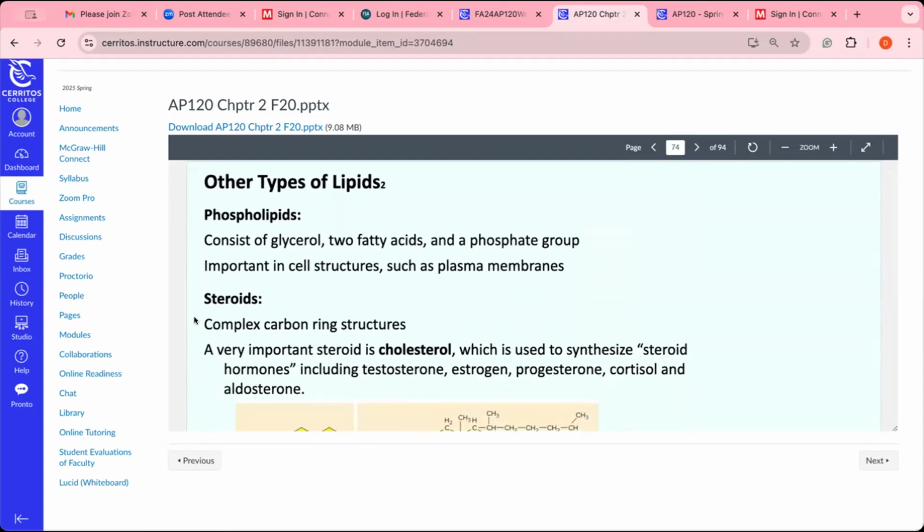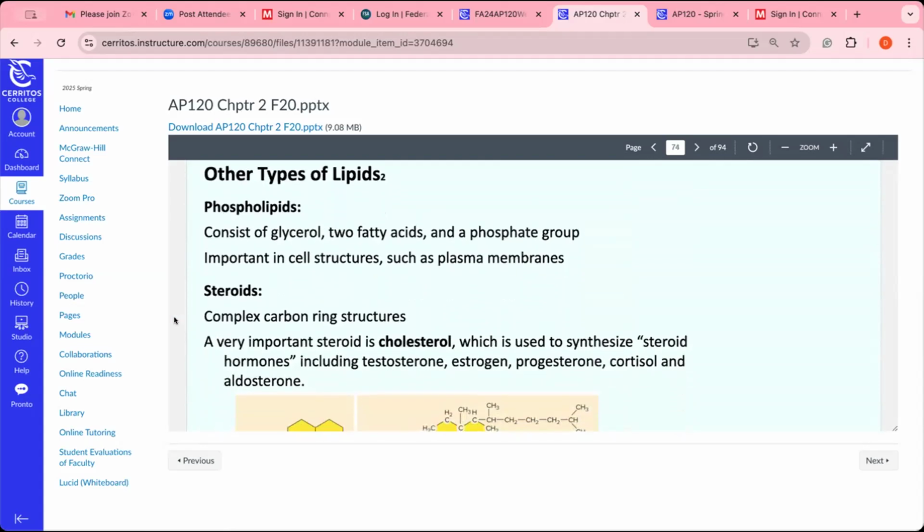Now, other types of lipids: you have phospholipids that consist of glycerol, two fatty acids, and a phosphate group, and they're important in things like the plasma membrane. The other types of lipids are things like steroids. They have complex carbon ring structures.